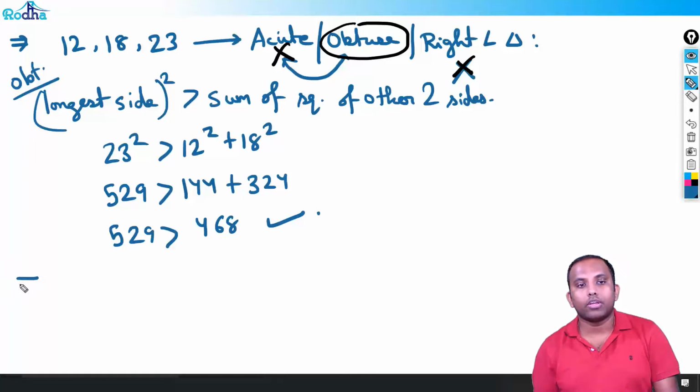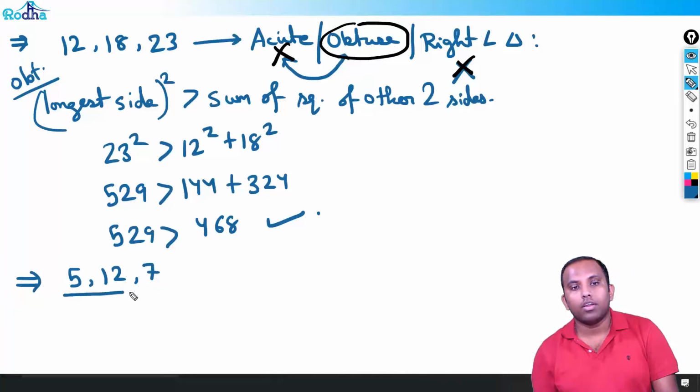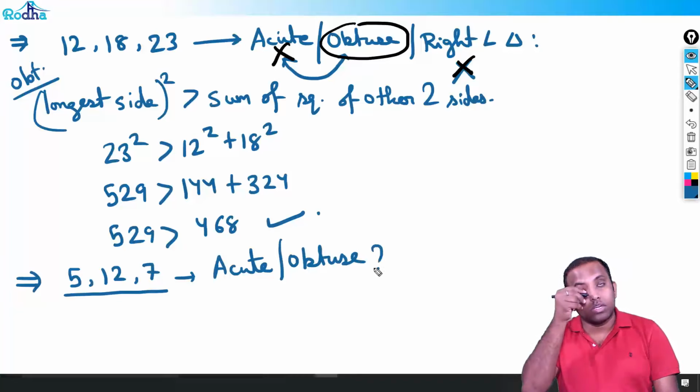Suppose I need to check 5, 12 and 7: which kind of triangle, acute, obtuse or right angle? Again you can see it is not a right angle triangle because it doesn't follow any triplet.